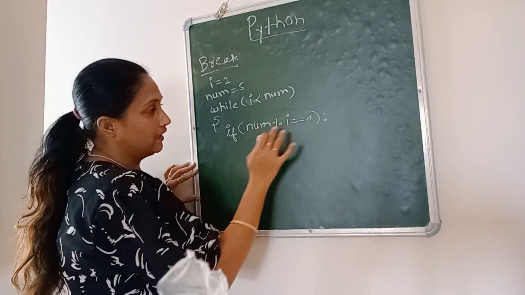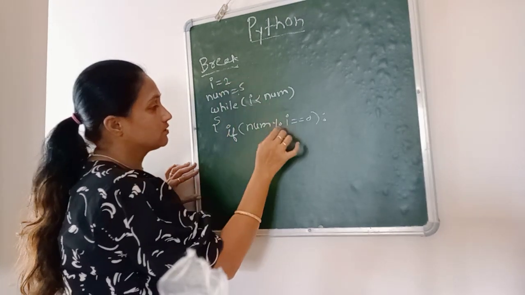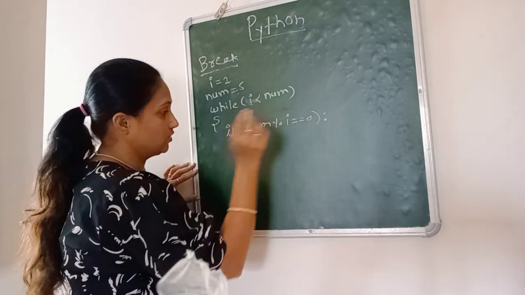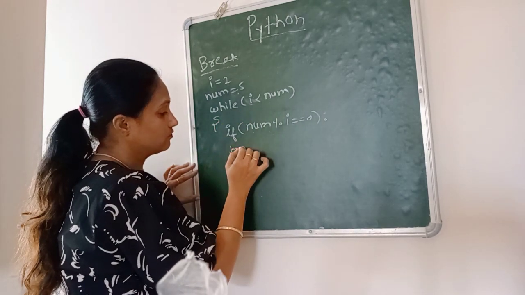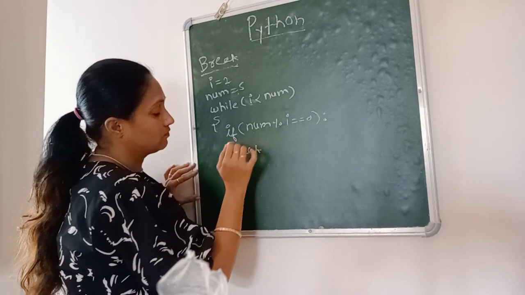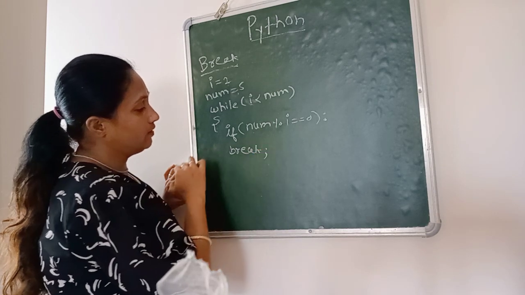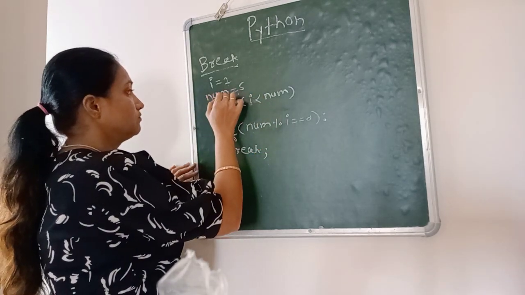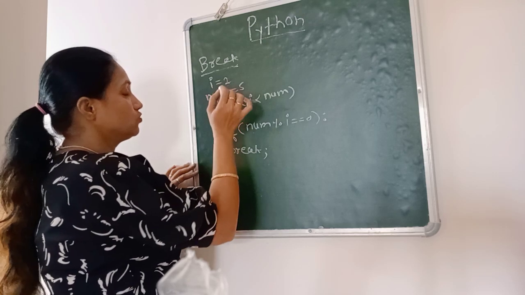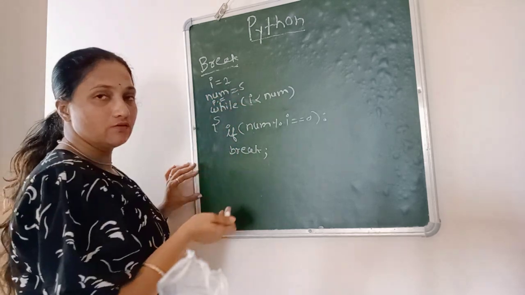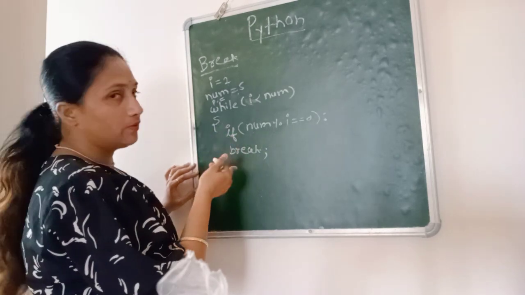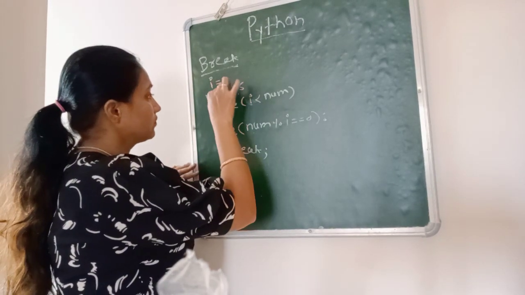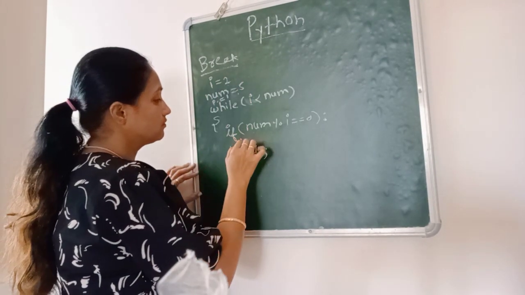So if any number is divisible by the number, then we'll apply break. And here I am taking one more variable p, which acts like a flag. If it is a prime number, its value will be 1, otherwise it will be 0.